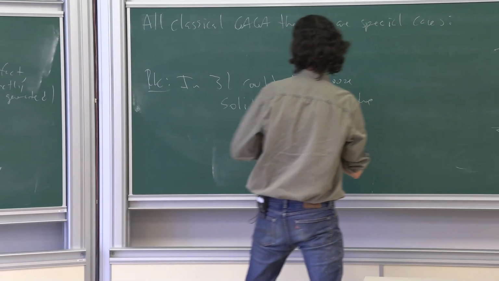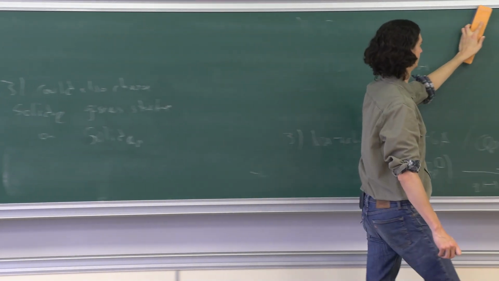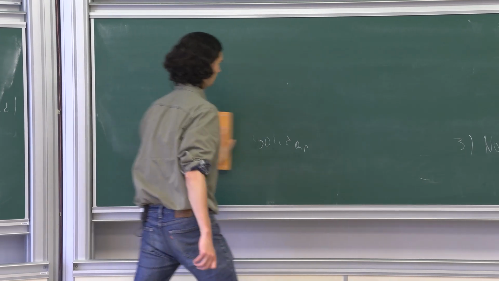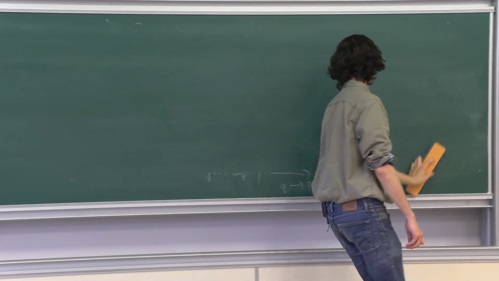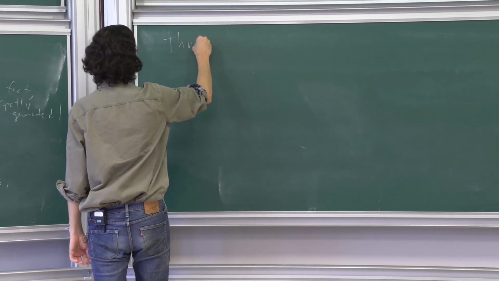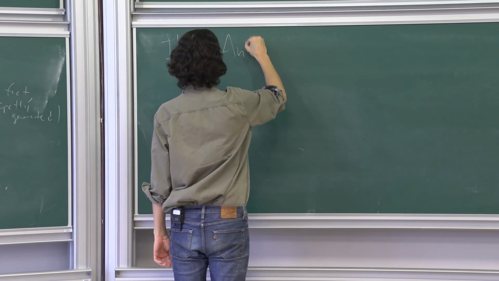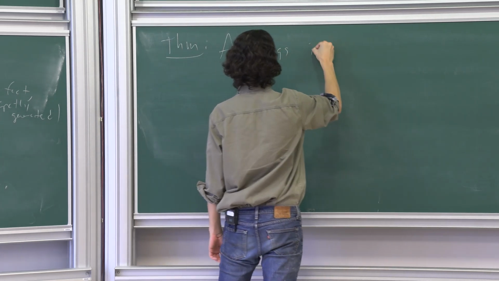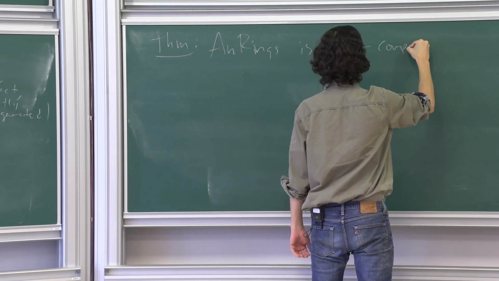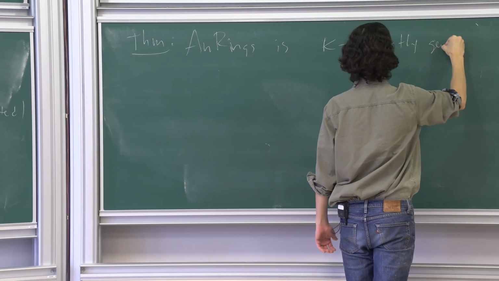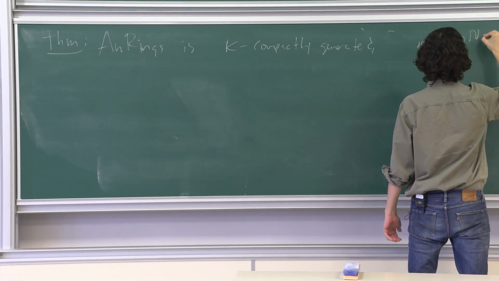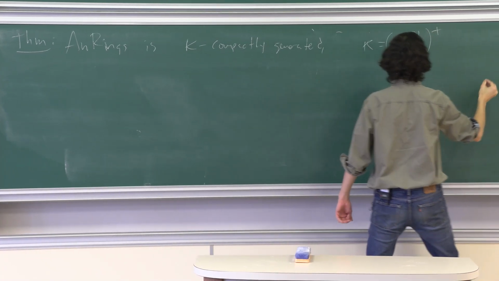So maybe I'll say then, well, at least, we haven't explained what our Grothendieck topology is, but we've at least explained what the category of analytic rings is. So there's a theorem. Analytic rings is presentable. In fact, it's kappa compactly generated for kappa 2 to the aleph naught plus.